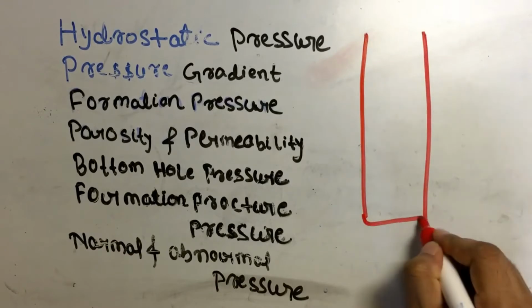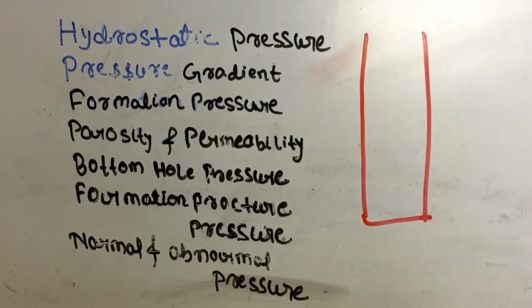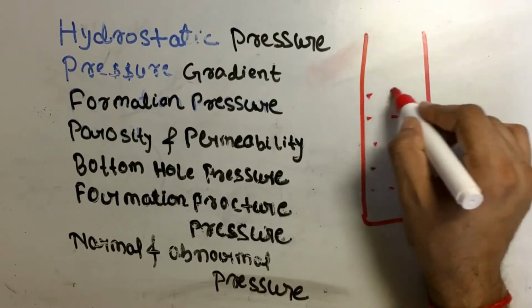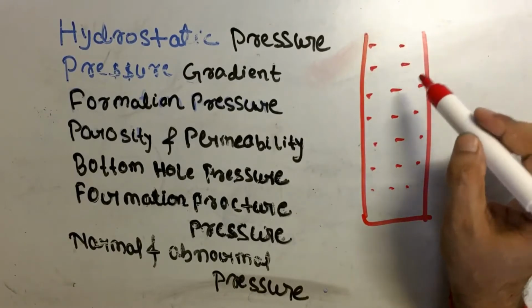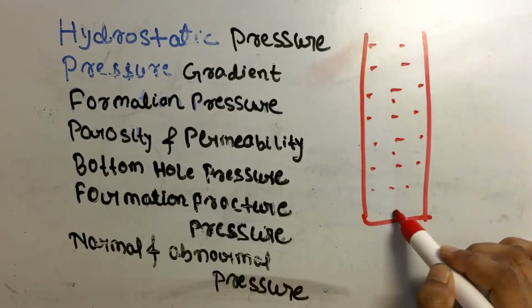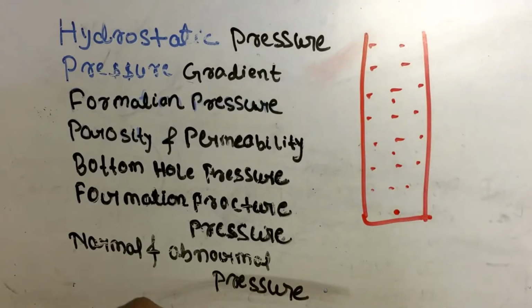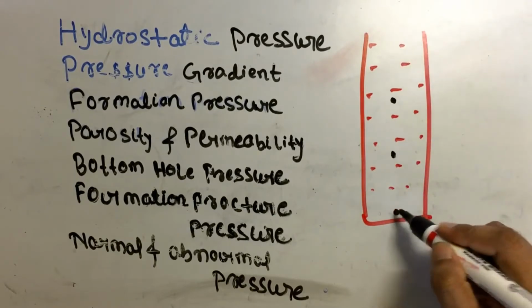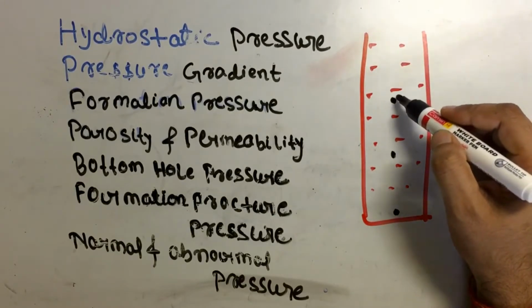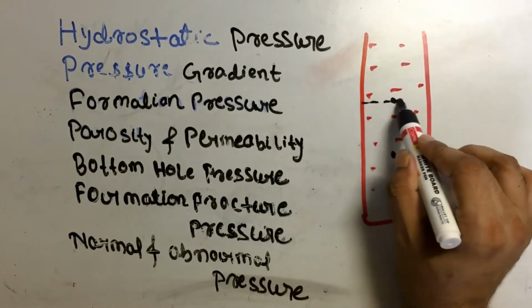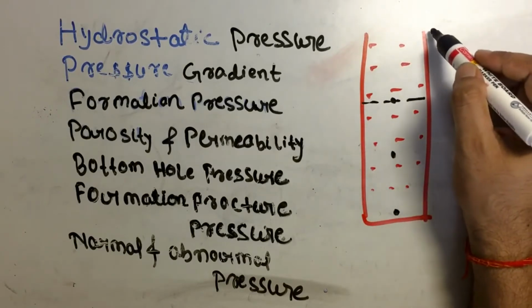Let's see. This is our well, and it is full of mud. If you want to calculate hydrostatic pressure here or here or here, you simply put the depth. Mud weight will be the same at all points, but the height should be changed.